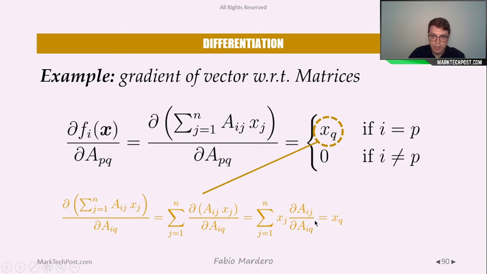But this derivative will be equal to 1 only if j is equal to q. So we are taking the derivative of one element with respect to itself. Otherwise, if j is different from q, then these two will be uncorrelated.